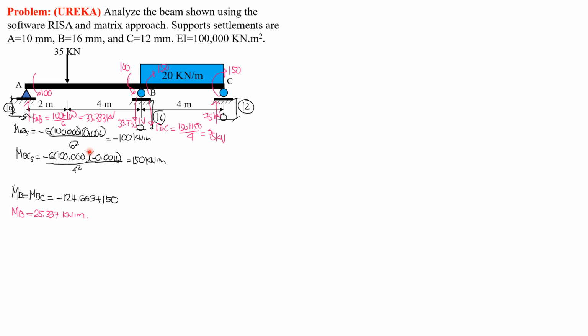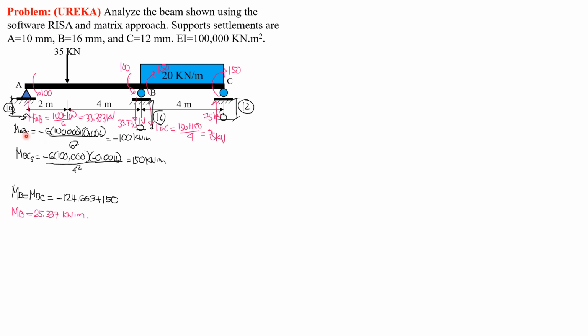Except for the final internal moment at B, we cannot evaluate it directly using RISA, or maybe there's another technique for that. But based on my observation, we cannot really automatically determine the moment at B. So we have to add the results. The results in RISA do not incorporate the fixed end force, so we have to consider the fixed end moment. Then that would be the final moment at B.